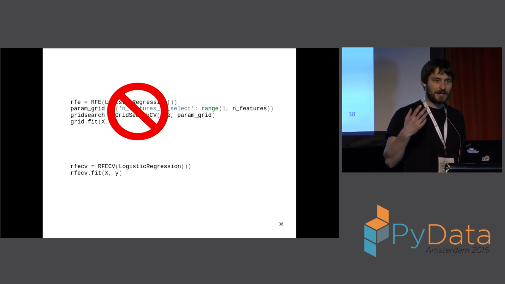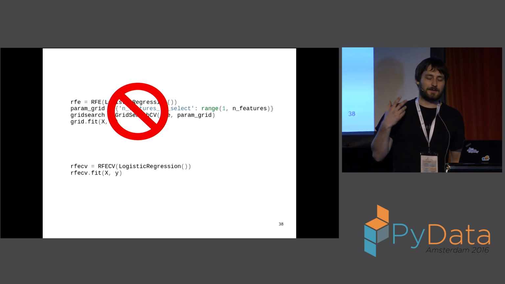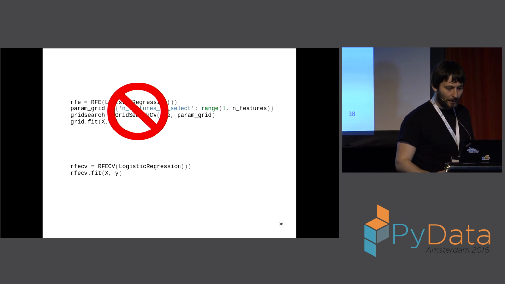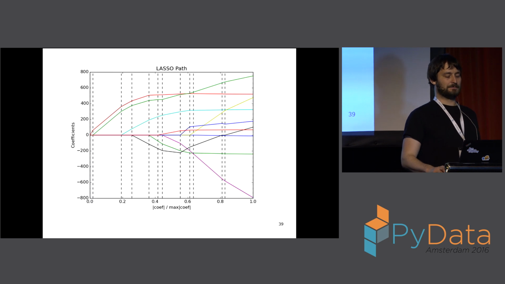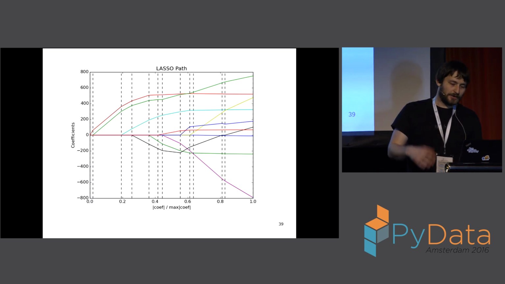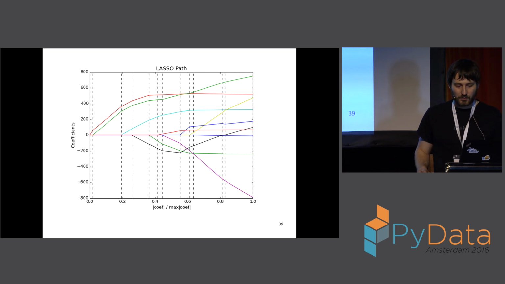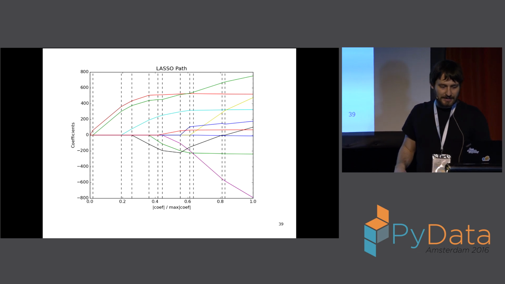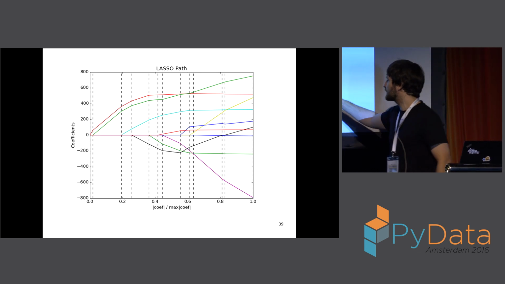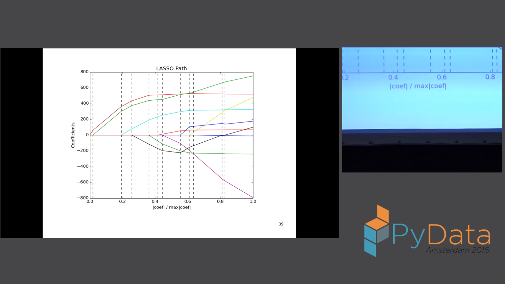And so this principle can be applied to a lot of models where different parameter settings can benefit from each other. One very prominent example is the lasso algorithm for L1 regularized linear regression. What you see here, this axis is more or less the regularization strength or alpha.